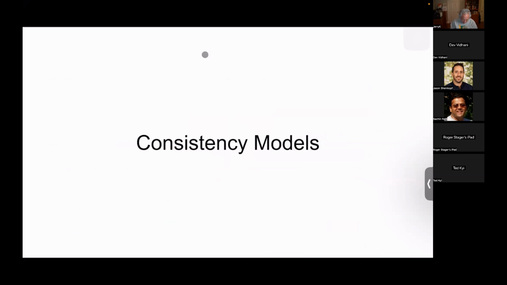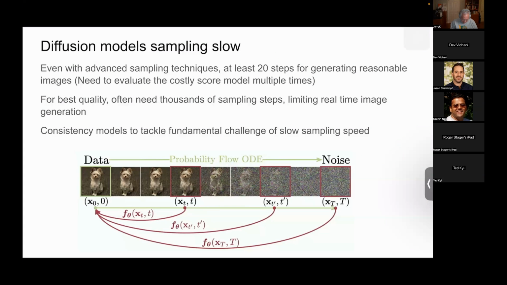Those other noisy, denoised images on the path are just to show that this function f theta is learned such that, depending on any time step, if it is on this trajectory of the ODE, let's say this line is the ODE line, then wherever you start from, it should always take you to the original image or data point in a single step, as long as you know what time step t prime it was for your function f theta.